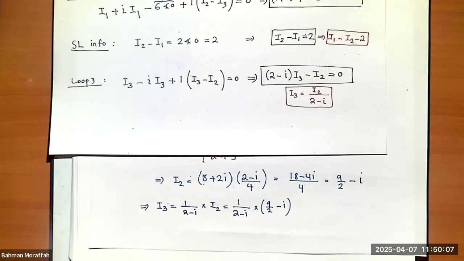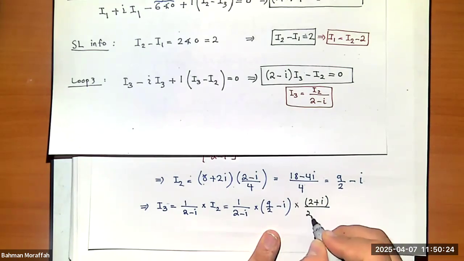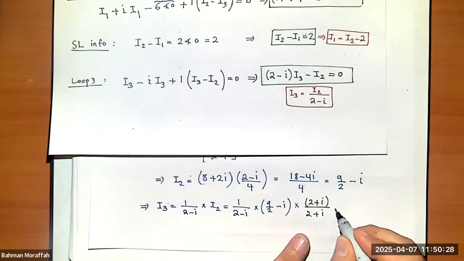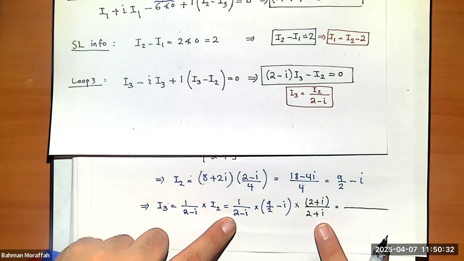How do we deal with this? I have 2 minus I in the denominator, so I have to multiply by its conjugate to make sure I get rid of the complex number on the bottom. So I have times (2 plus I) divided by (2 plus I). What is 2 minus I times 2 plus I?